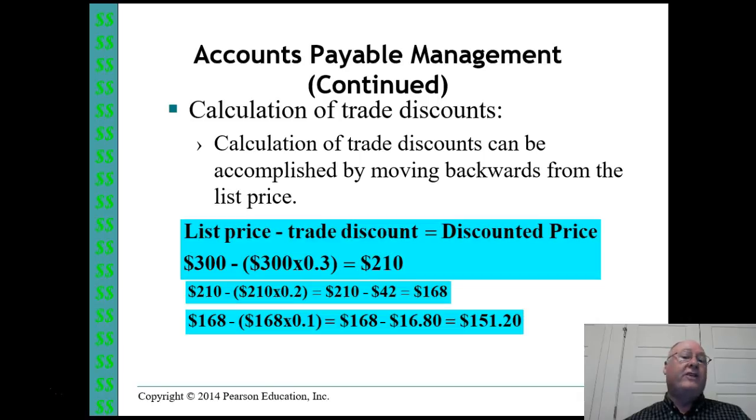And what a 30, 20, 10 basically says is, for that list price of $300, you only have to pay $151.20, which means you're paying close to 50% of list price itself.